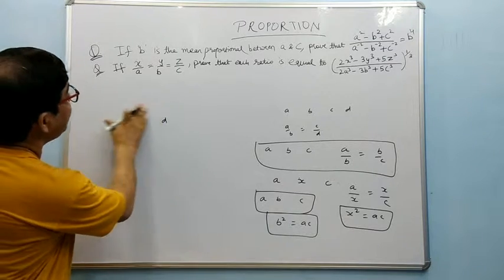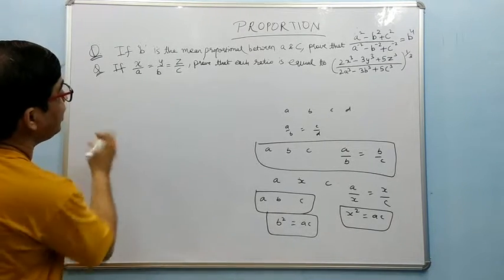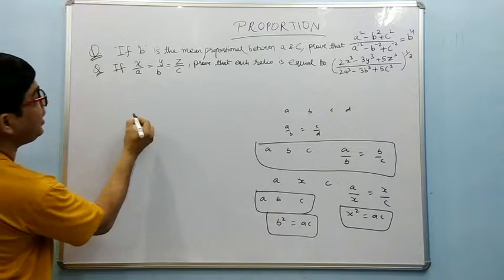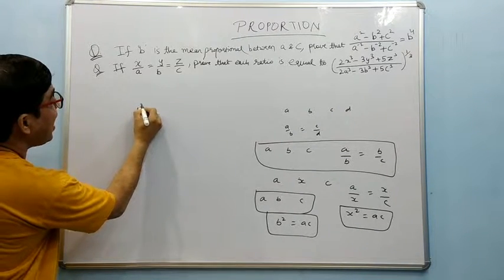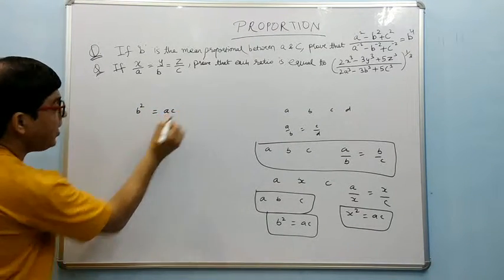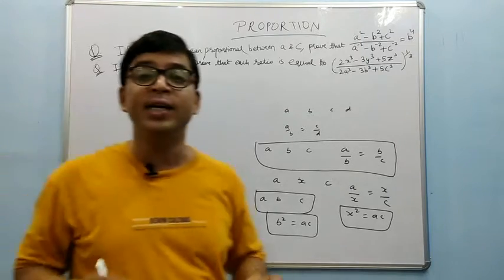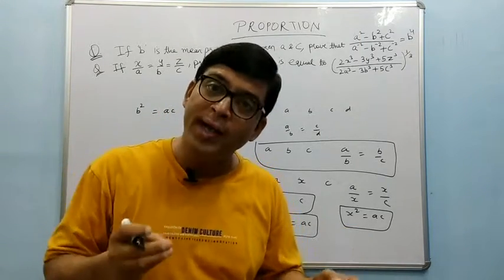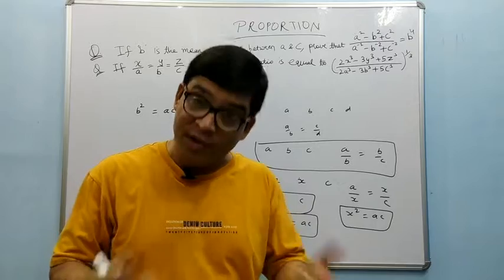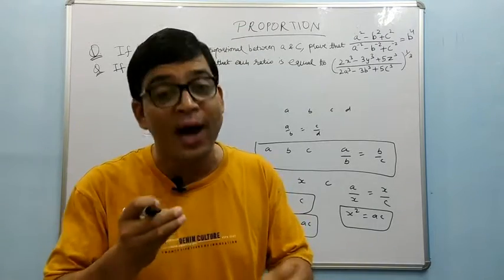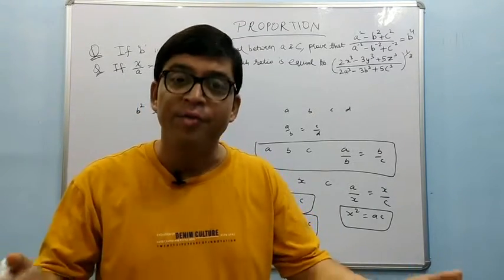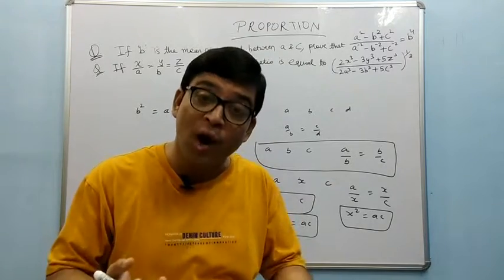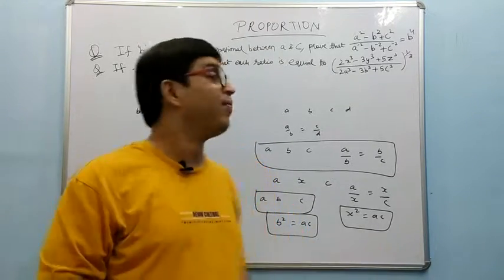See, if B is the mean proportional between A and C, what does this mean? That B square is equal to AC. Firstly, see in the question what is given. Just make use of that thing. Proceed, and you will get what you want automatically.